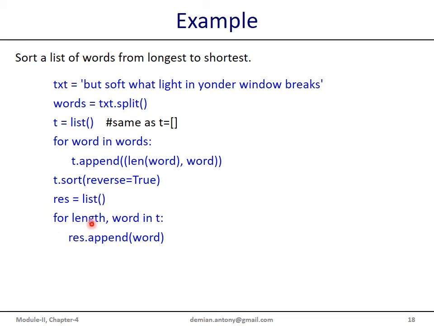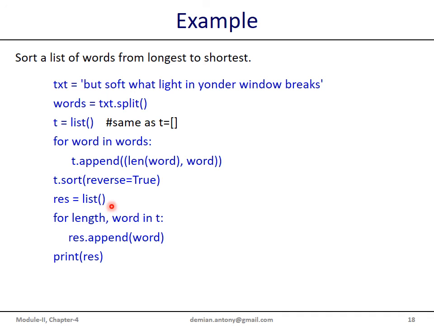For each of the tuples, this is a tuple representation, length and word, in the list of tuples, pick only the word and put that word into the result list, res dot append. Now after execution of this, we get a result list containing only the words in the descending order of the word length.